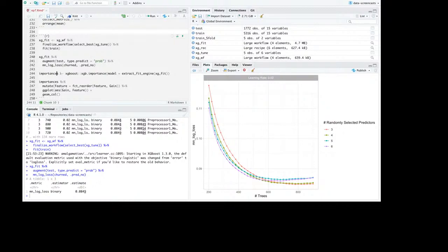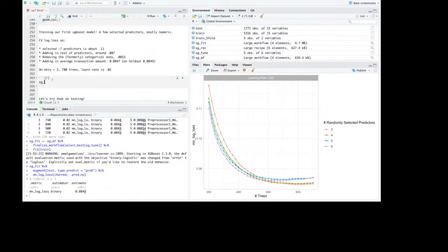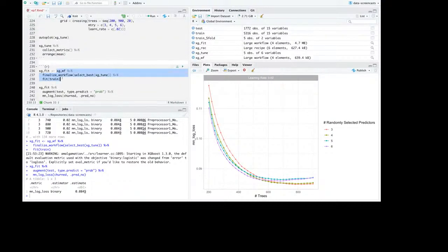Yeah, then XG fit full is going to be the same thing, but fit on the full data set.